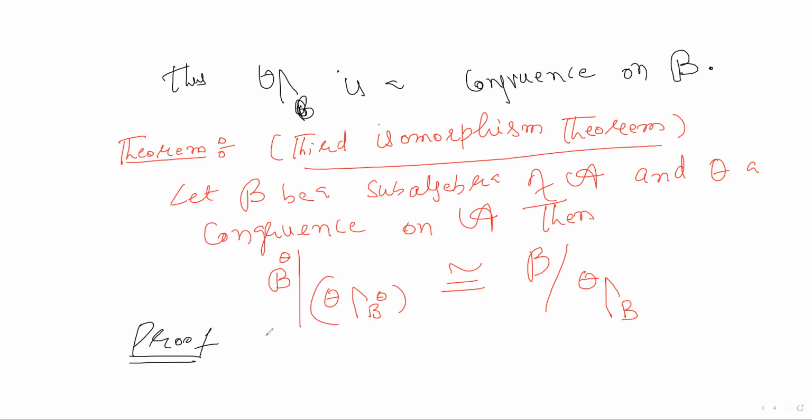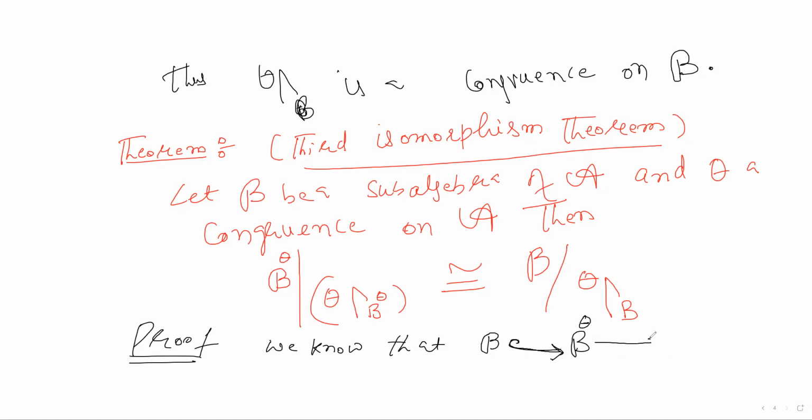I will take the composition of, so we know that there is always an inclusion map from a smaller algebra to a bigger algebra. So this algebra B is a subset, it is contained in the algebra B theta.